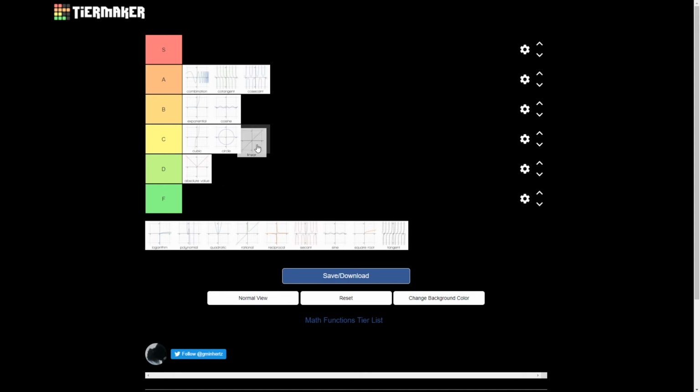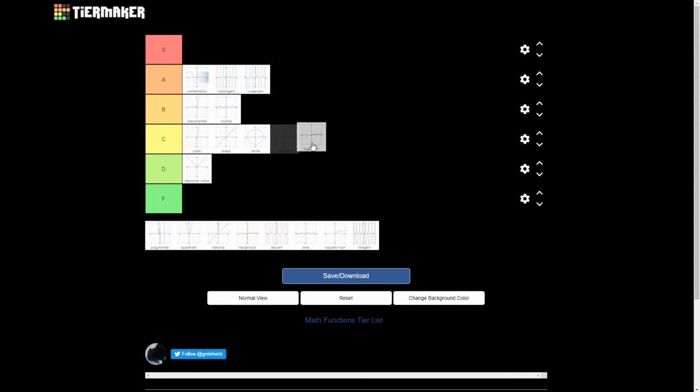It's a classic. It might even go higher. It's definitely not S tier. I didn't even look at this before. I don't even know if we got any S tiers in here, to be honest. Probably not as cool as cubic though, but definitely cooler than circle, despite it just being a line.